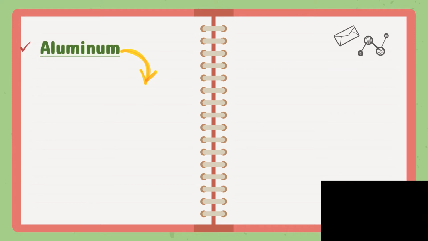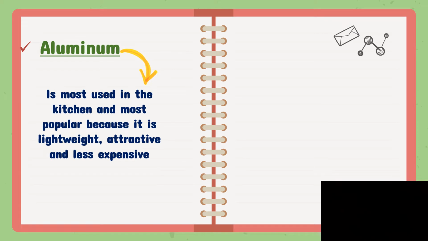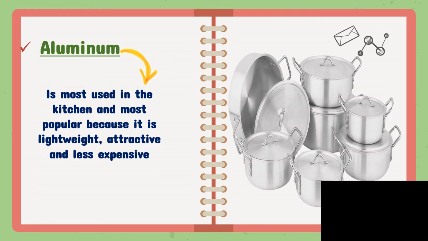Number one is the aluminum. It is most used in the kitchen and most popular because it is lightweight, attractive, and least expensive. So, ito yung mga common na meron tayo sa bahay. Halimbawa yung nasa picture. So, ito yung mga magagaan lang at ito rin ang pinakamurang materials na makikita natin.